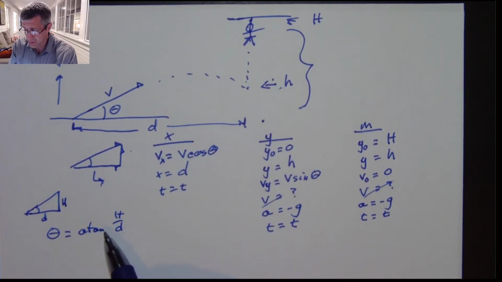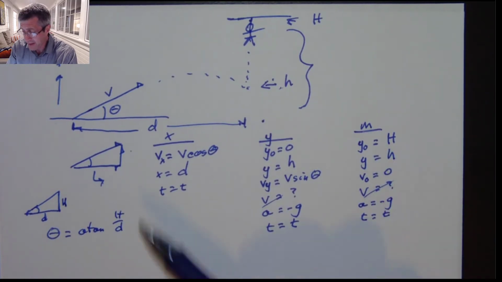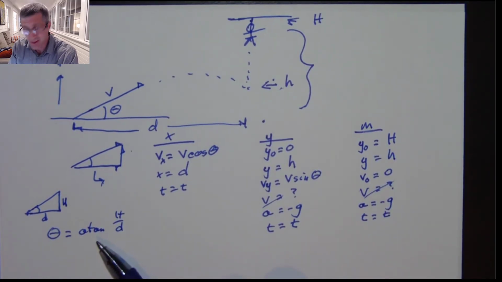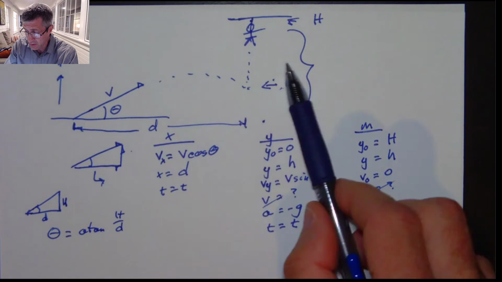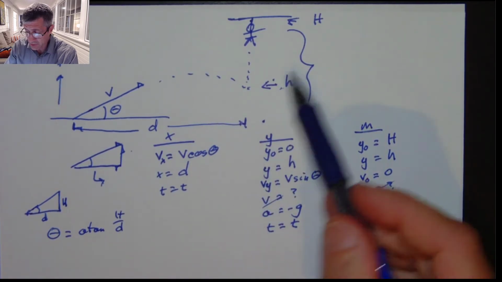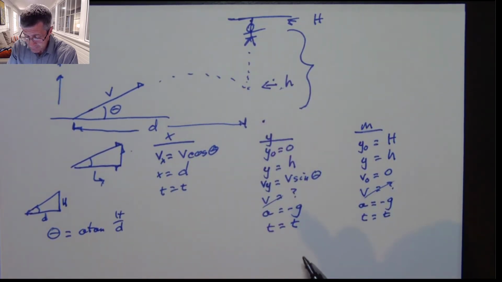If we can mash all this and end up with something like this, this is telling us that the angle is only a function of the height and the distance.